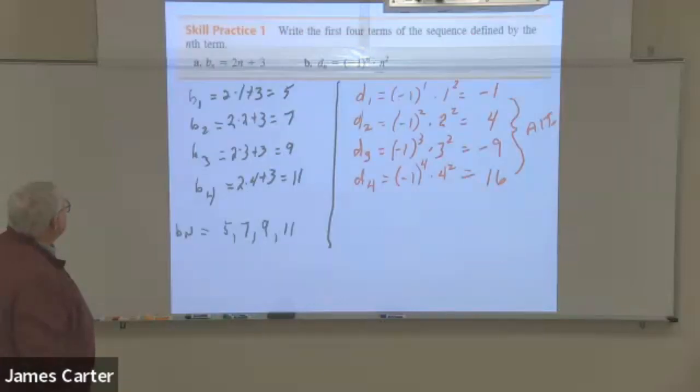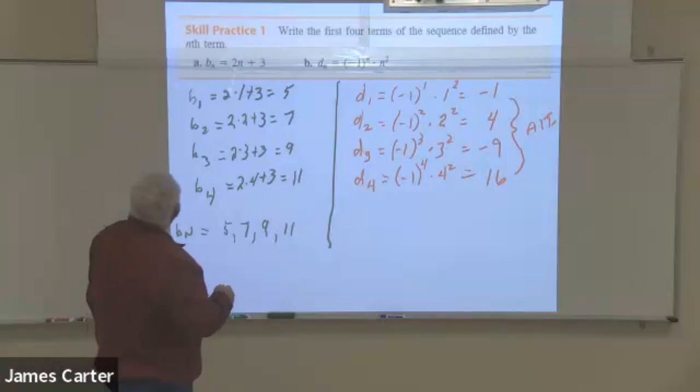Okay, let's look at these two. Here's my rule. So what do I do then? I put the 1 in here, 2 times the first term, plus 3 gives me 5. 2 times the second term plus 3 is 7. 2 times the third term, 2 times the fourth term, and here goes my sequence.